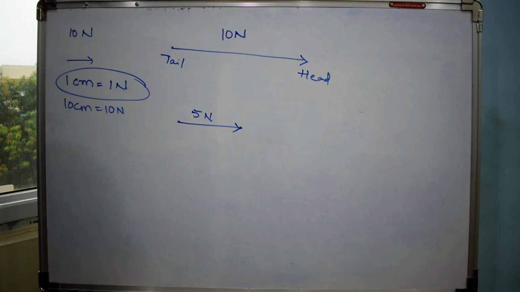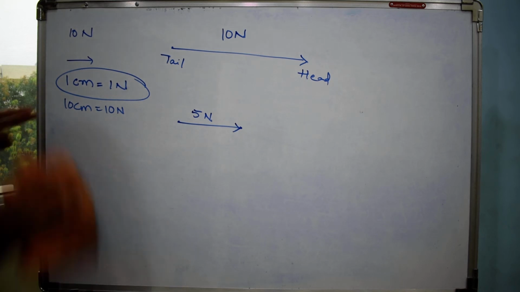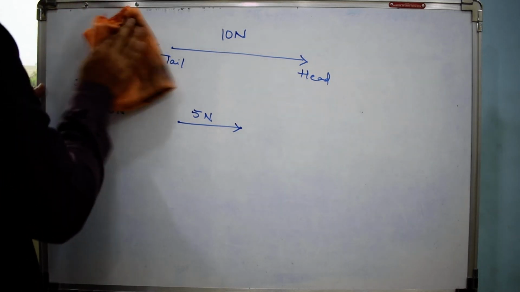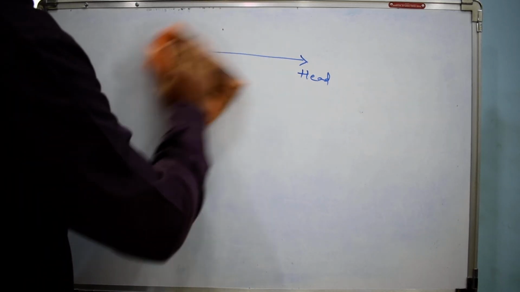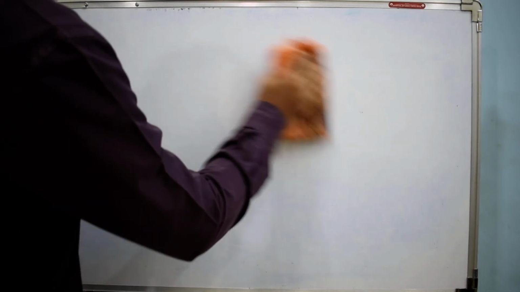Okay, now let's try to understand a few things related to vector quantities. Before going further, let me explain a few types of vector quantities which we will be coming across throughout the entire chapter.